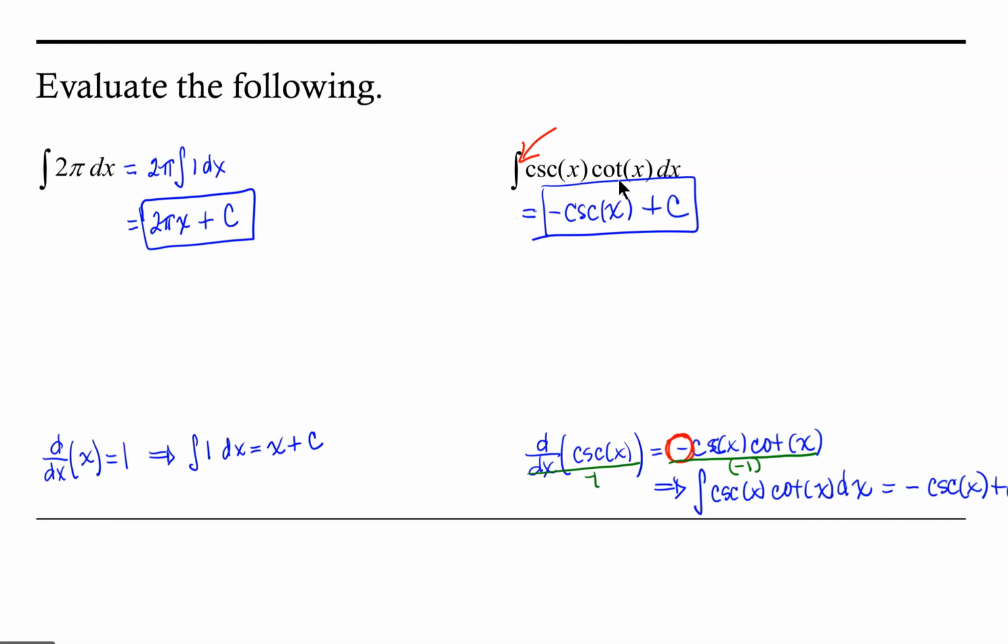And that negative 1 will pass through that derivative. And so we will end up with the derivative with respect to x of negative cosecant of x, and we'll end up with that positive value that we have in our integrand, or in the case without the negative sign.